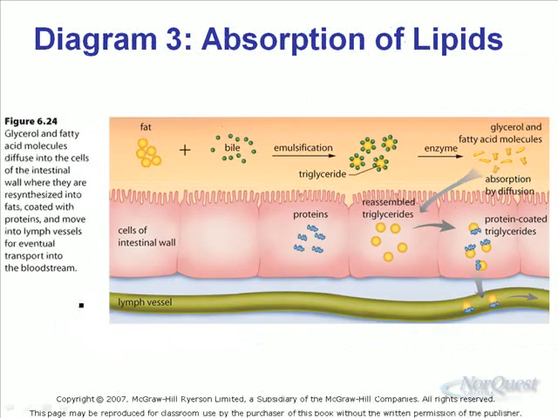Now, fat absorption is a little bit different. We still have our small intestine, and notice that we have fat as a globule of molecules. So each one of these molecules is a triglyceride. Here's one triglyceride.